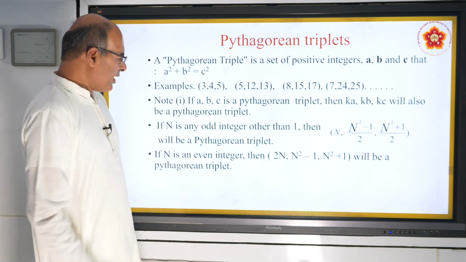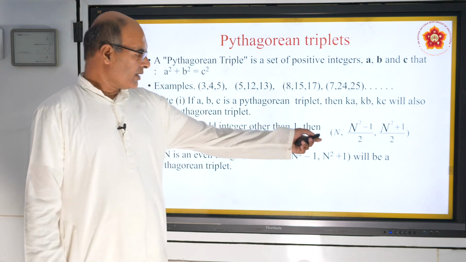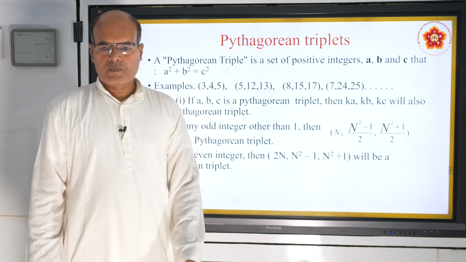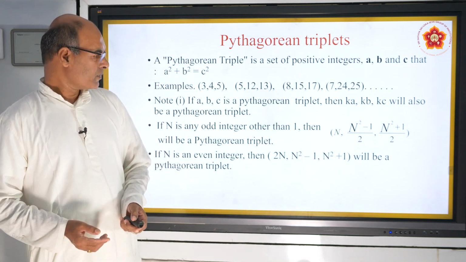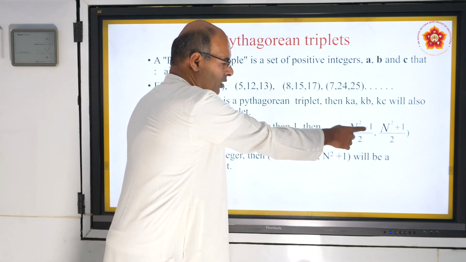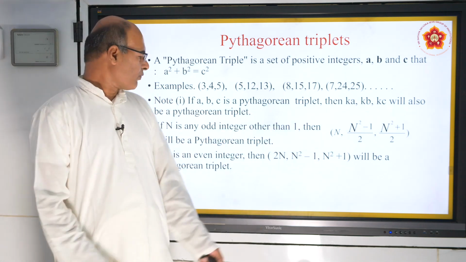If n is any integer other than 1, then n square minus 1 by 2, n, and n square plus 1 by 2 form a set of Pythagorean triplets. For example, if you take n equal to 3, then n square minus 1 by 2: 3 square is 9, 9 minus 1 is 8, 8 by 2 is 4.